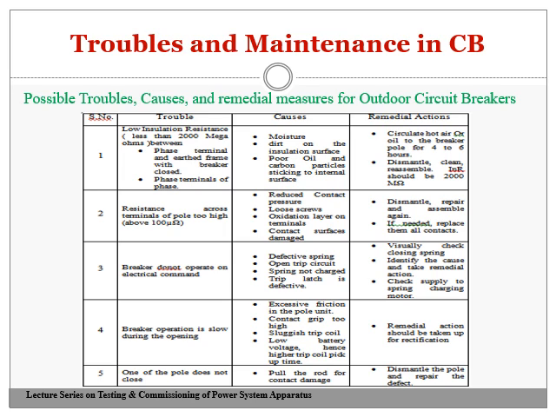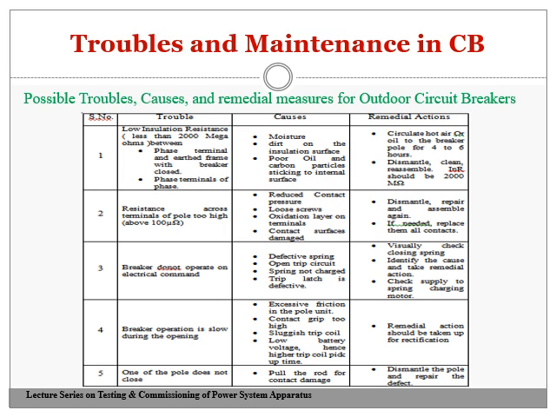Then the third one is that the breaker does not operate on electrical command. Sometimes even when the relay gives a sensing signal, the breaker will not operate on the electrical command. It may be a defective spring, an open trip circuit, a spring not charged, or a defective trip latch.